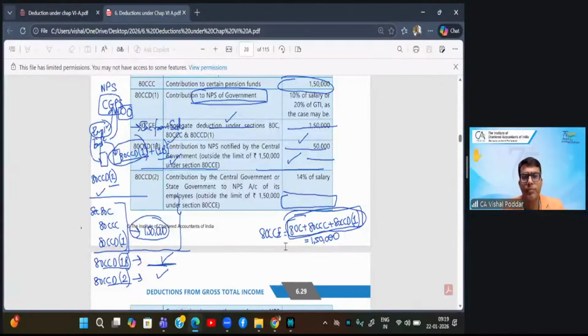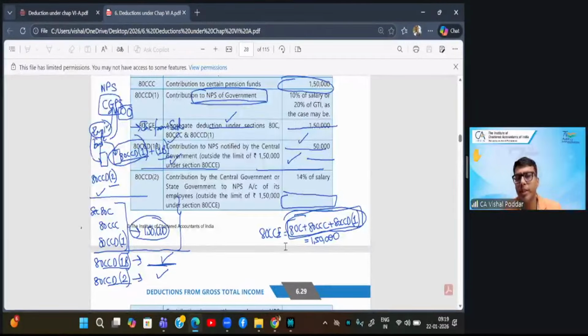So 80C, 80CCC, 80CCD1: for this, the combined limit is 150 given under 80CCE. Then for 80CCD1B, it is outside the limit of 150. You have an additional limit.